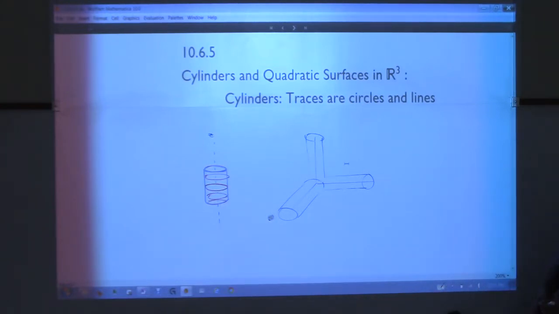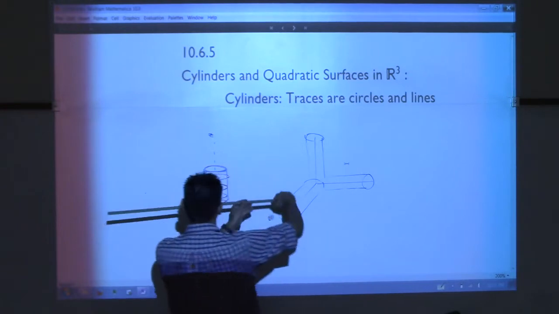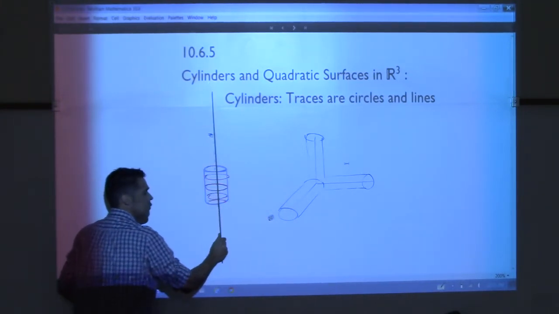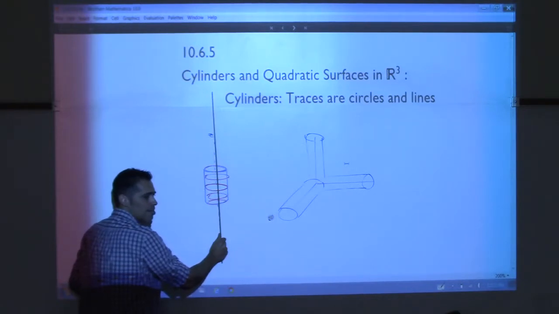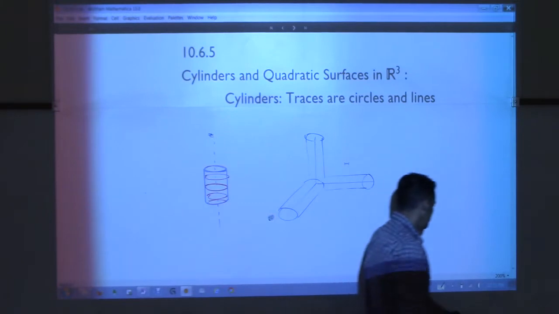Now, it also says that traces are also lines. So that would mean if I come through here and this time, instead of cutting through this way, I turn 90 degrees and I cut through like this, then what am I going to get? Where I actually hit the cylinder, I'm going to create a line. I'll do that in green.